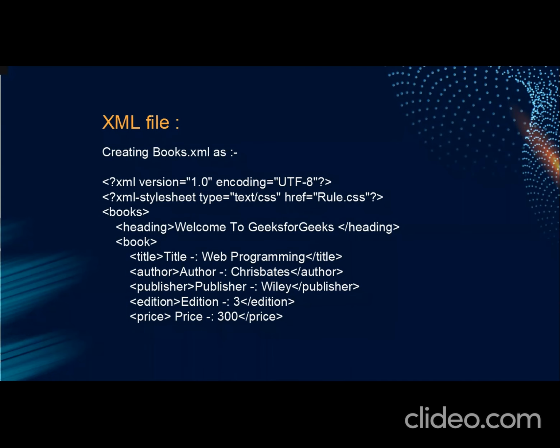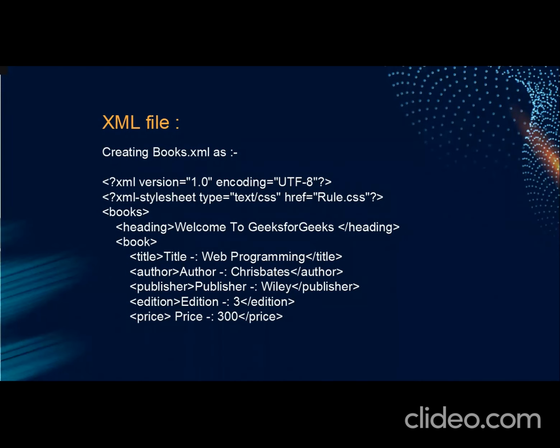Now we are giving information for author. We are opening an author tag and giving the name Chris Bates, and now the author tag is closed. Coming to publisher, here also same, we open the tag, give the text, publisher is Wiley, and close the tag, slash publisher.